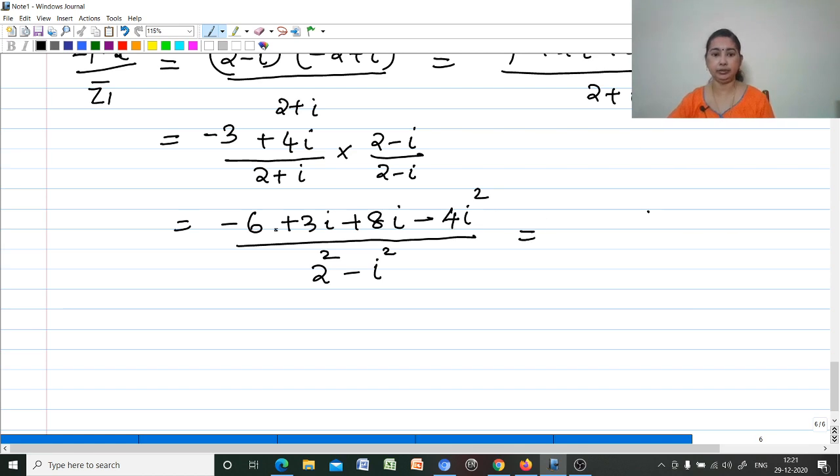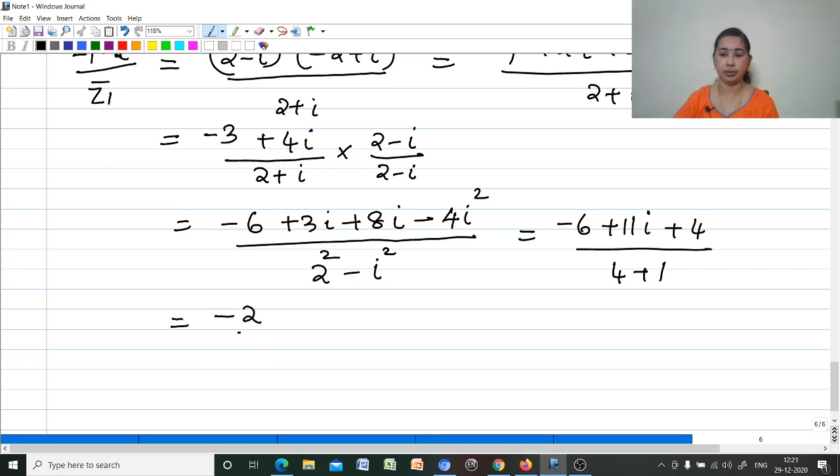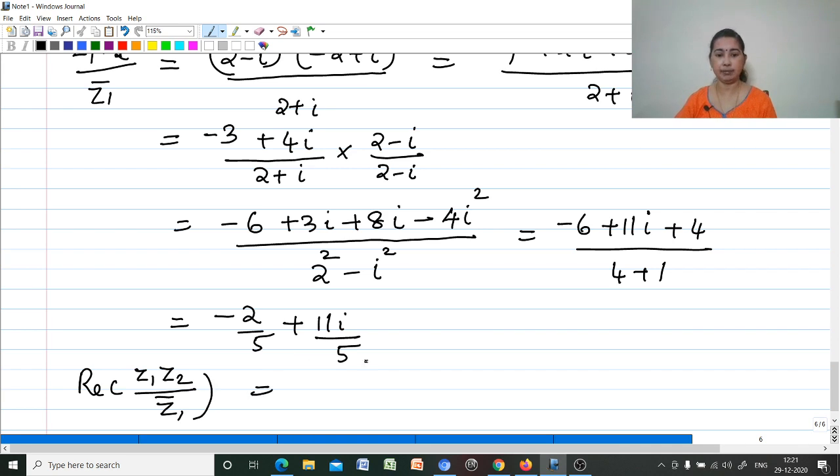And that is equal to minus 6 plus 11i plus 4 divided by 4 plus 1. So that is minus 2 by 5 plus 11i by 5. Now the question is the real part of Z1 Z2 by Z1 conjugate. This is the imaginary part, this is the real part, so it is minus 2 by 5.